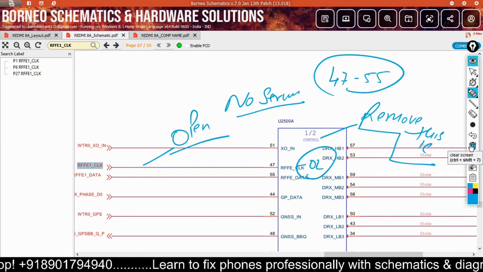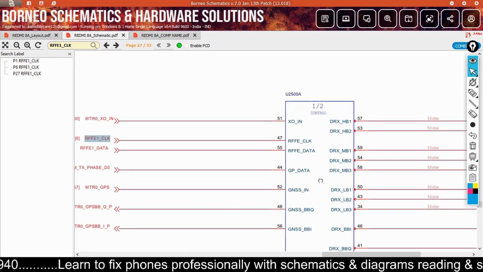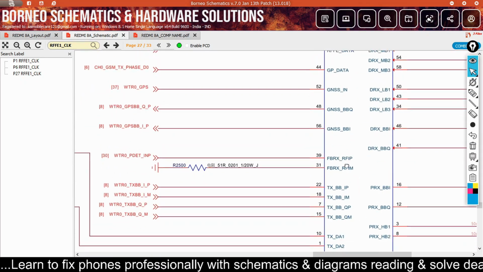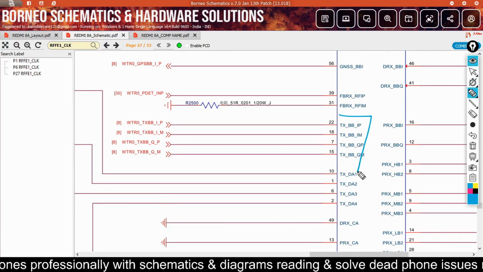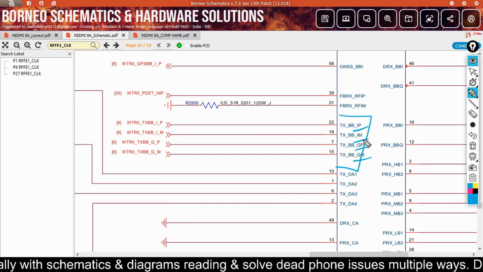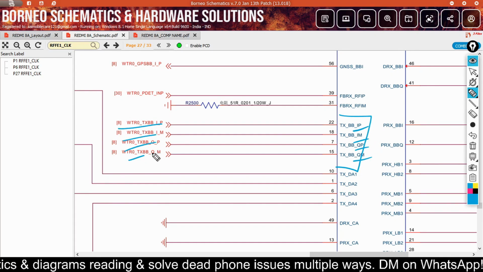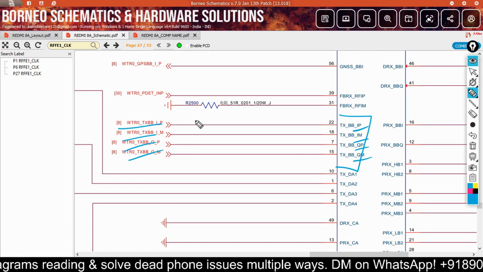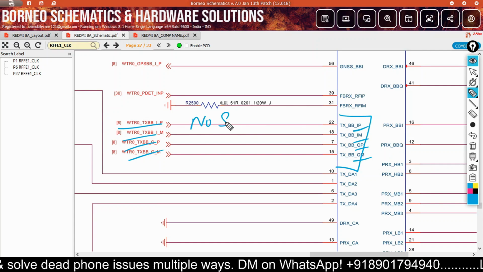Now when you open the WTR, your transceiver IC, you also check these four lines. These also are communication lines: QP, QM, IP, IM. These lines also come from the CPU. If any one of these lines is damaged, your phone will have no service.